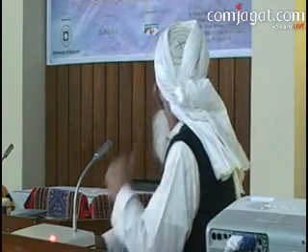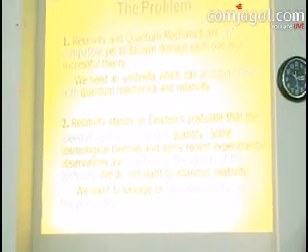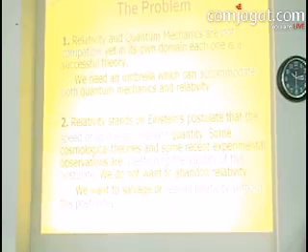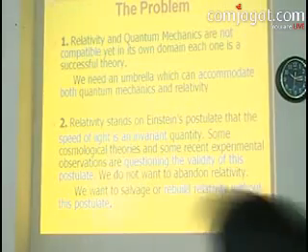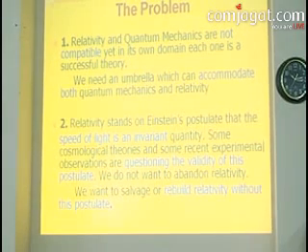In its own domain, each one is a very successful case, relativity and quantum mechanics. We need an umbrella which can accommodate both of them. Number two is, relativity stands for Einstein's postulate that the speed of light is invariant, and it also implies that it is the highest attainable speed.